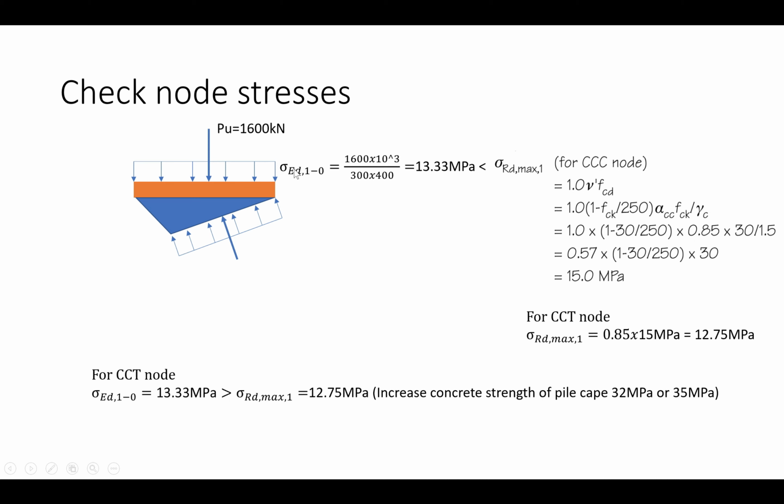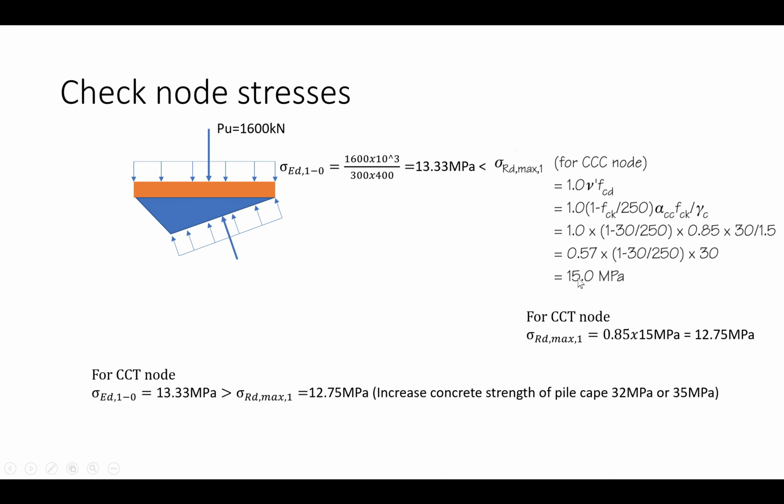The applied stress, or the applied load, is equal to the total load divided by the cross-sectional area of the column at the base, and the applied stress is equal to 13.33 megapascal. In the case of the node, it is usually compression CCC.